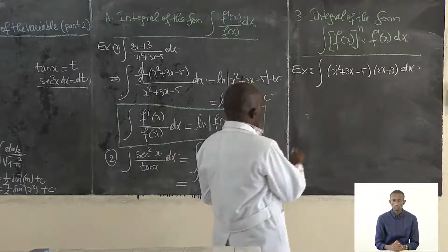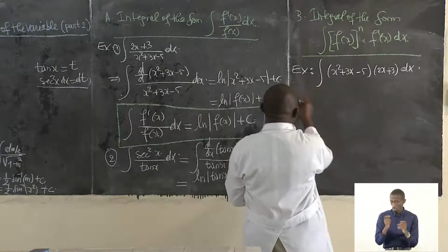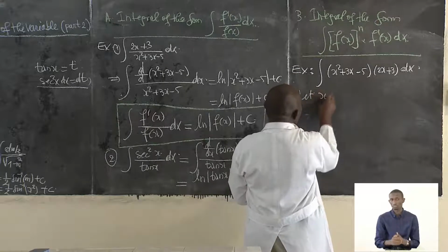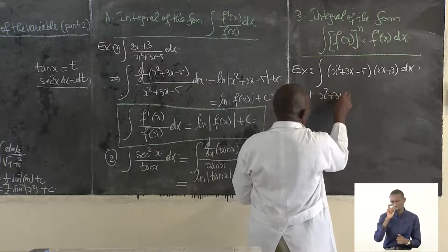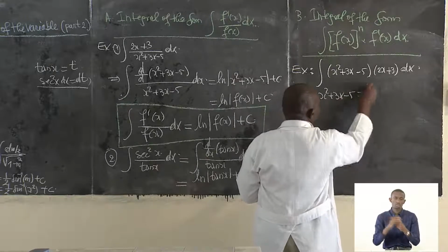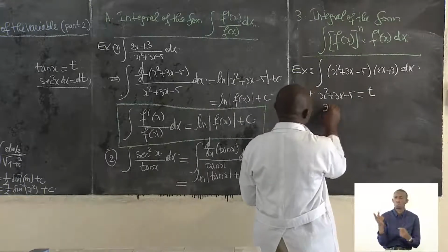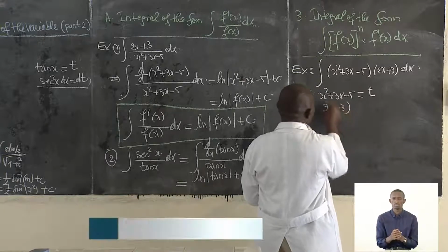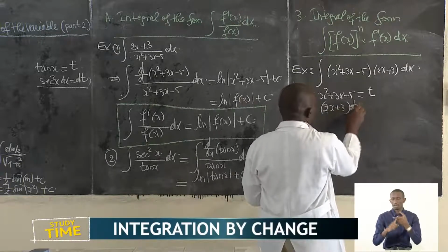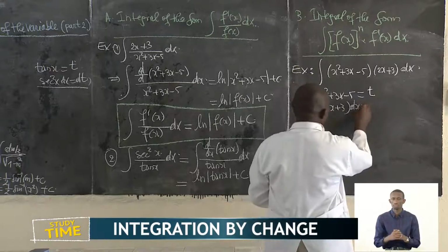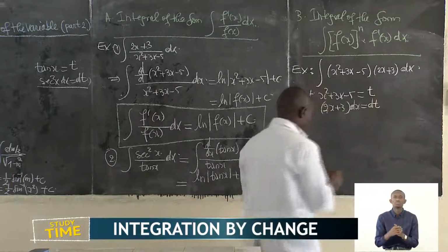Then, by change of variable, I can let x squared plus 3x minus 5 equal t. Differentiating both sides, I get (2x plus 3) with respect to the variable x, which is equal to dt.